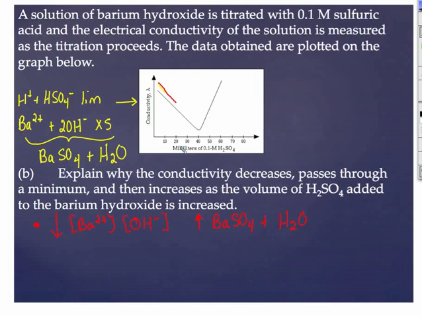Okay? Now, it's going to reach a minimum. At this minimum point here, we have exact ratios of H plus, HSO4 minus, and barium ion plus hydroxide ion. These all go to 0 and go 100% to our barium sulfate and our water.